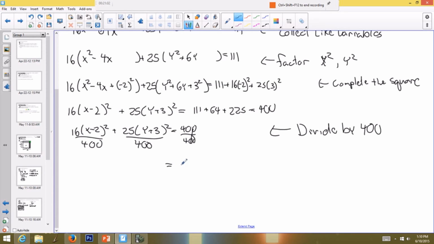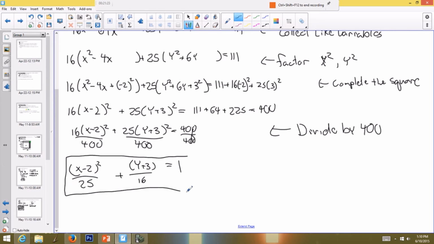This cancels out and gives you just 1. 25 goes into 400 16 times, so I've got (y plus 3) squared over 16. And then 16 goes into 400 25 times, so I've got (x minus 2) squared over 25, and that is my final equation.